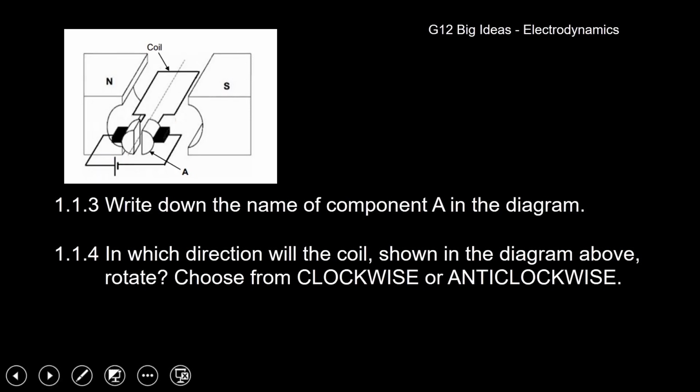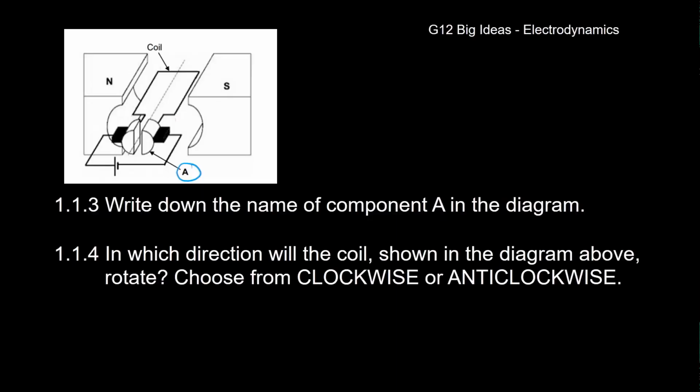Our next question says, write down the name of component A, and then they show us their component A in the diagram. So remember right at the beginning, it can be one of two things. If you look at this, you can see it is a cylinder that has been cut so that there are gaps, and in total there's only one ring.